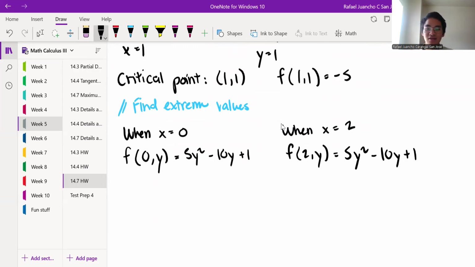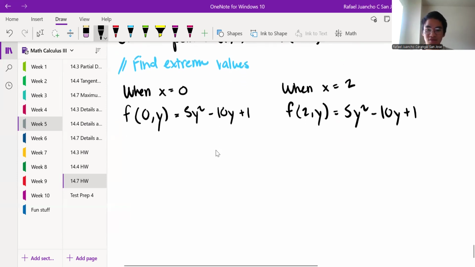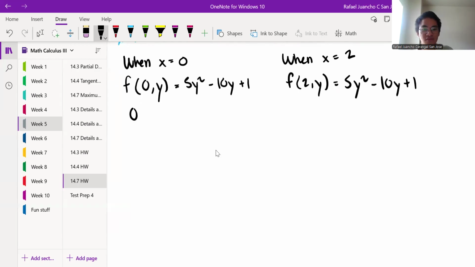Now, this is a concave up parabola. And so if we take the derivative of this and set it to 0, we get its minimum. Right? So let's do that. We take its derivative, we get 10y minus 10. y is 1.